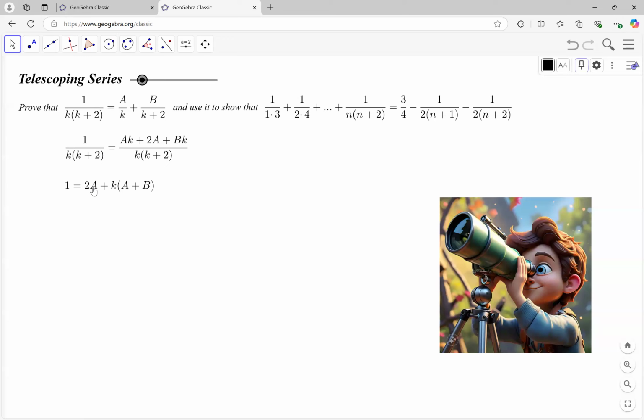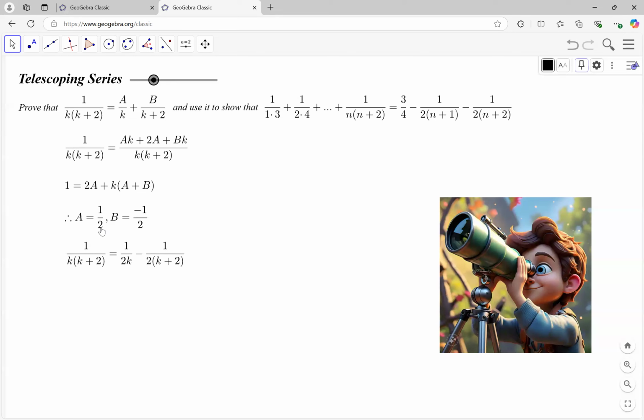So we know that 1 equals 2a, and this other thing must equal 0. So we know that a is therefore 1/2 because 2a equals 1. And if this second term equals 0, then b must be negative 1/2 because we know that a is positive 1/2.